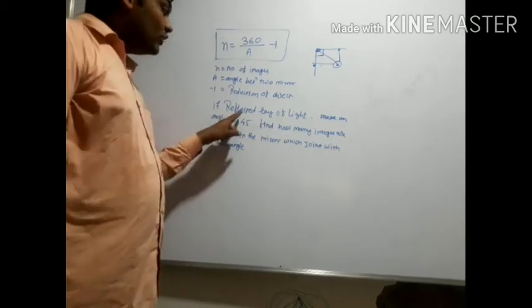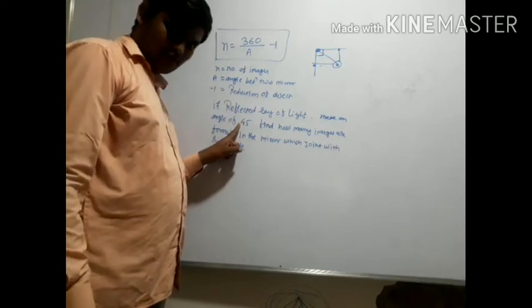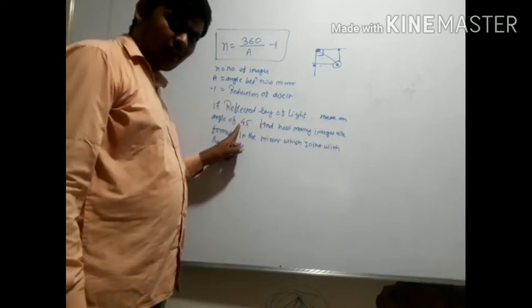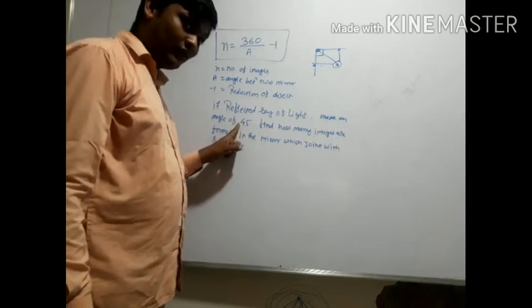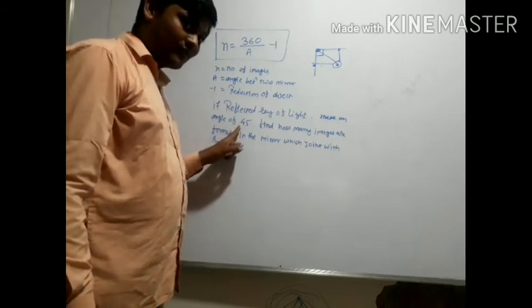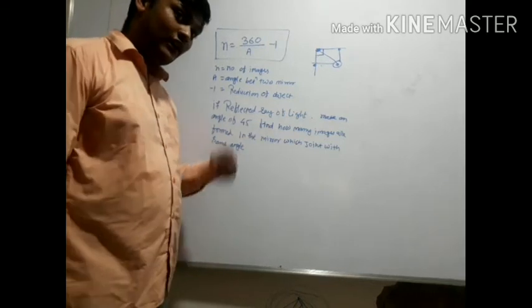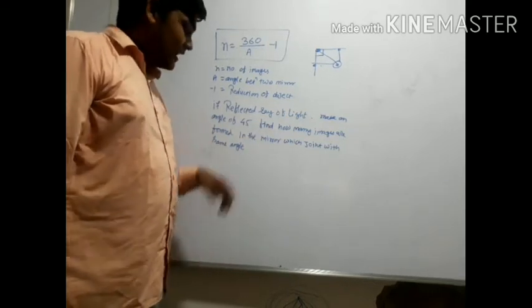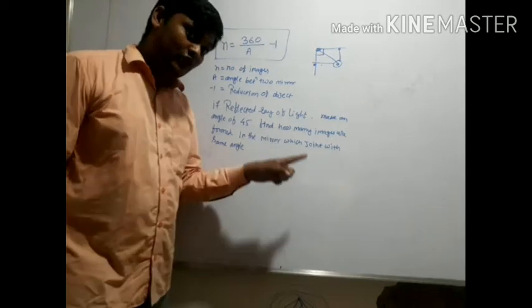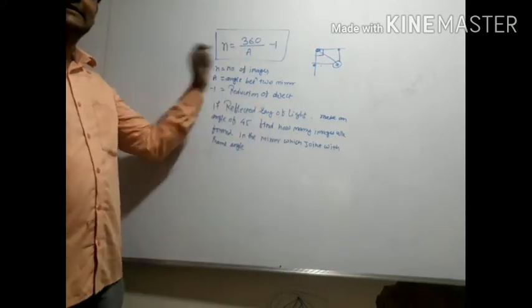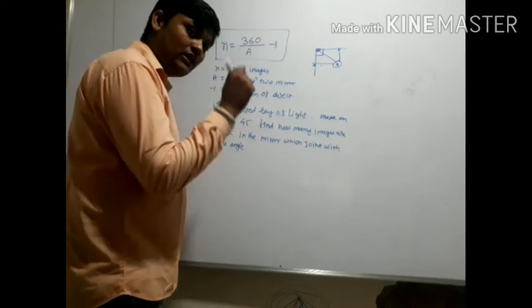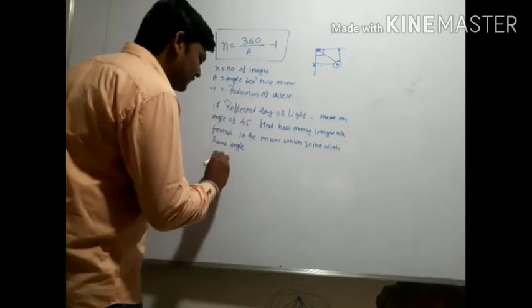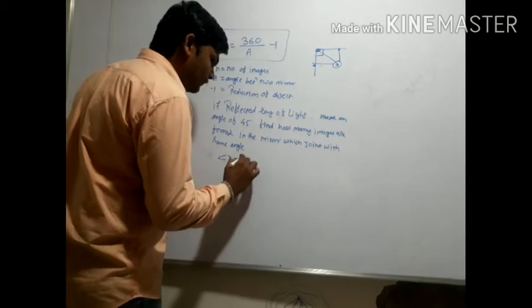See, only the reflected angle is given. So here you have to calculate the incident angle first, afterwards you will calculate the total. That total you have to put in your formula, that is 360. Only and only the reflected angle is given, and that reflected angle is equal to 45.